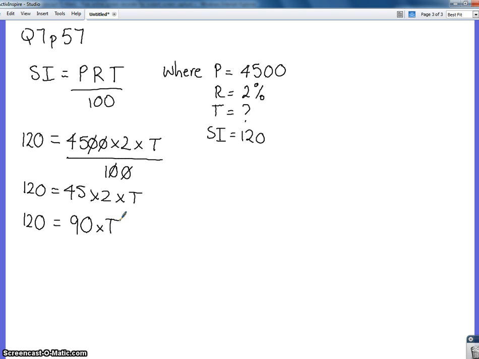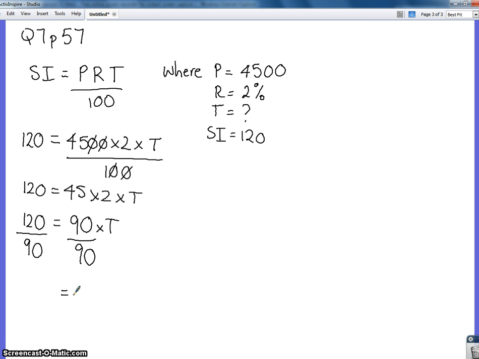We're using a process of elimination. We're just getting rid of the odd thing here. Yeah? How do I get rid of 90 on this side? Divide it by 90? Yeah? That would give me 1, wouldn't it? Alright, what I do to one side, I must do to the other.